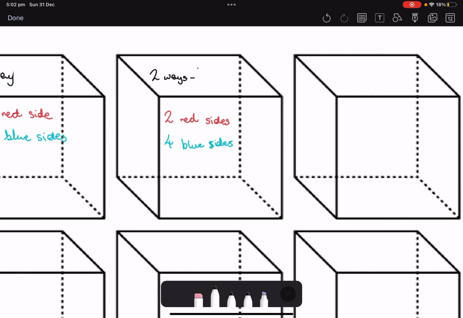The first way is that the 2 red sides are next to each other. And the second way is that the 2 red sides aren't next to each other.